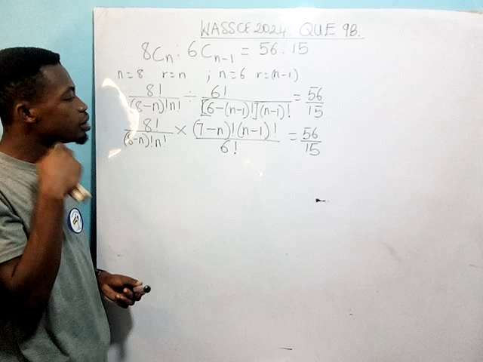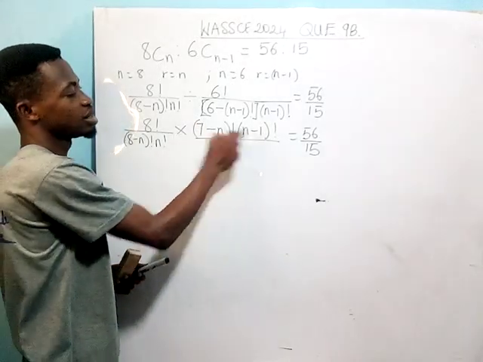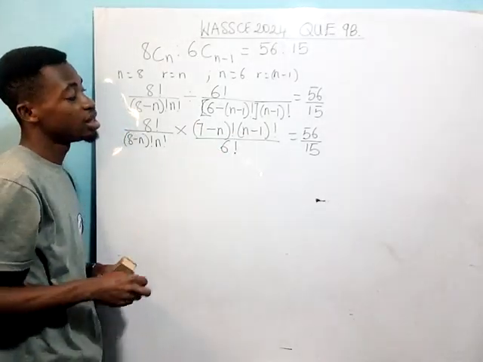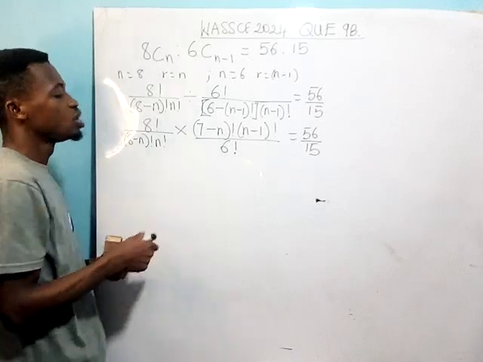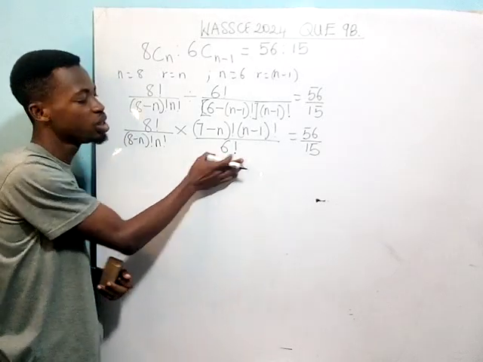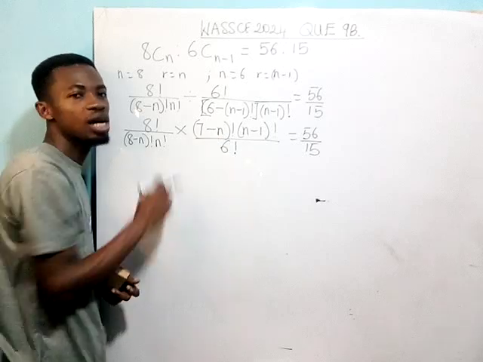Now here, we need to clear this to make the solution very simple. And here too we have 6 factorial, so we need to find a way to clear away the 6 factorial.